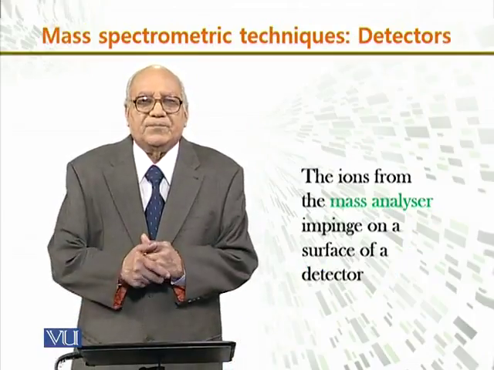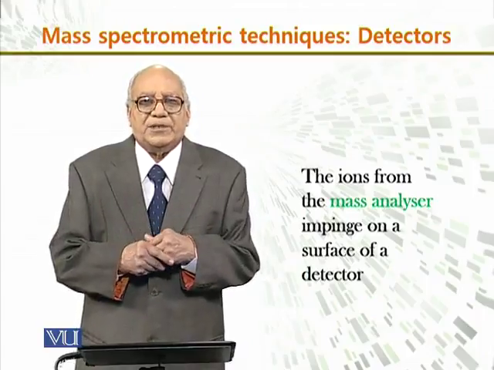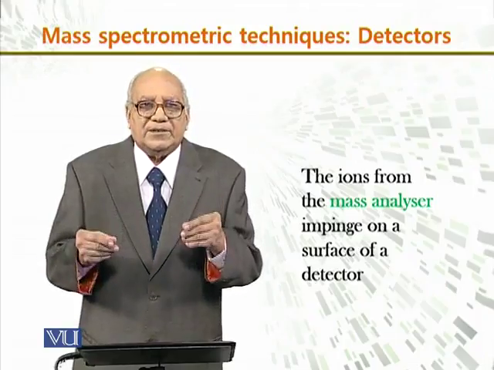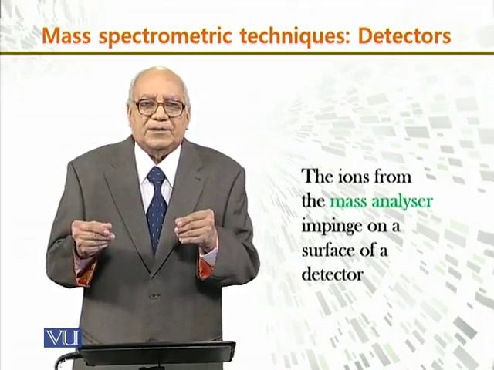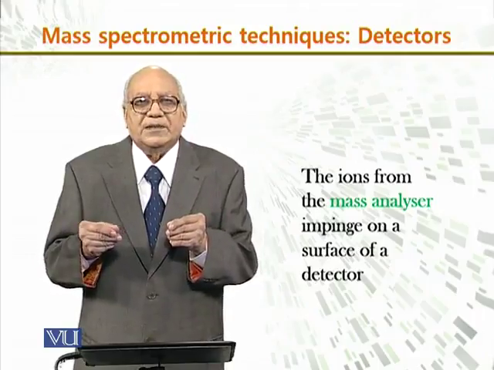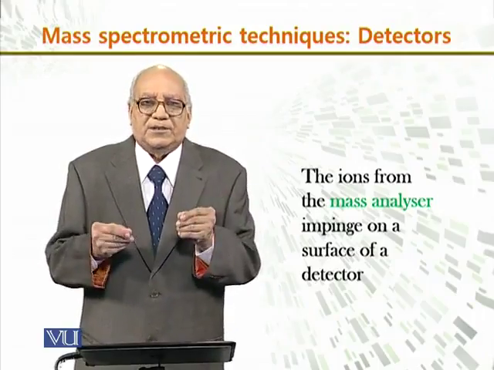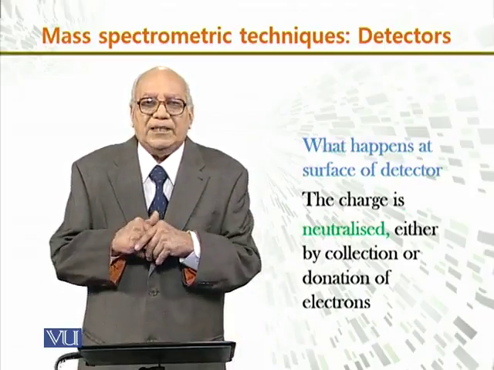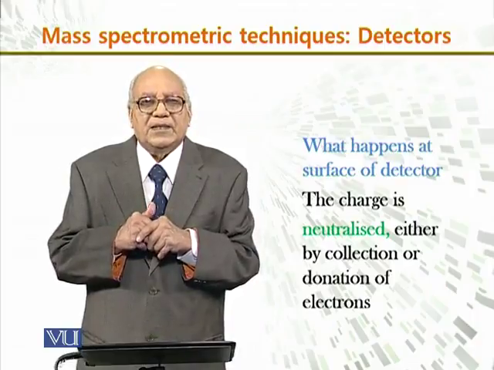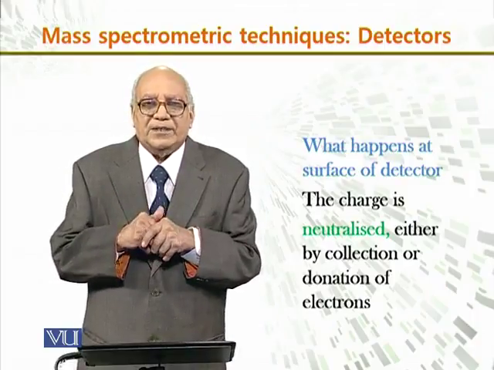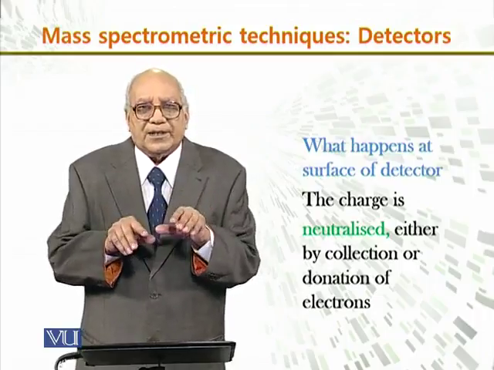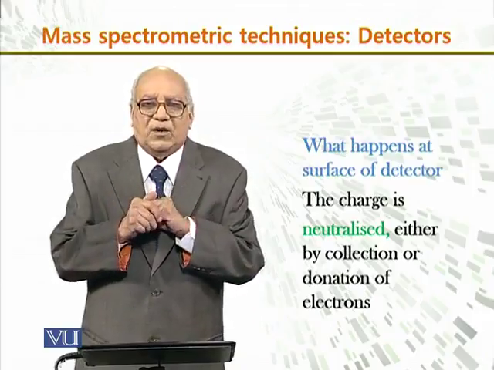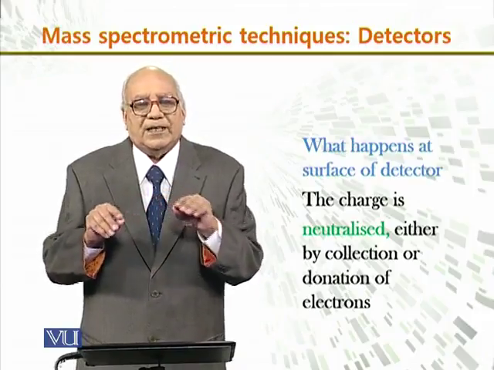Now, what happens when we put a substance in the mass spectrometer is that the ion from the mass analyzer impinges on the surface of a detector. The detector detects the characteristics of those molecules. And what happens at the surface of the detector? When the ion strikes, the charge is neutralized, either by collection or donation of electrons.